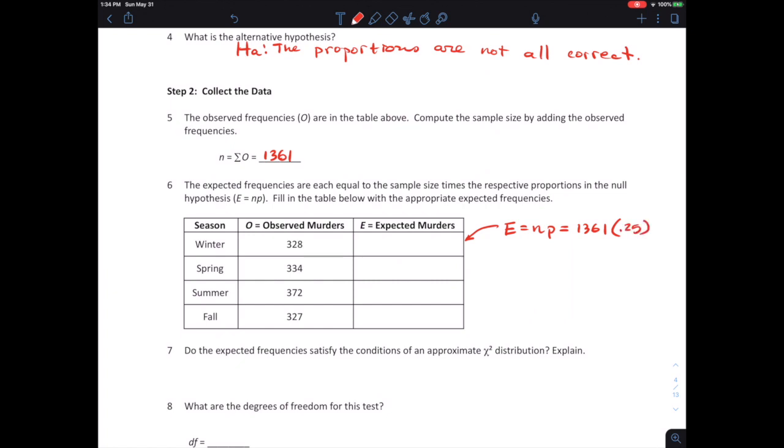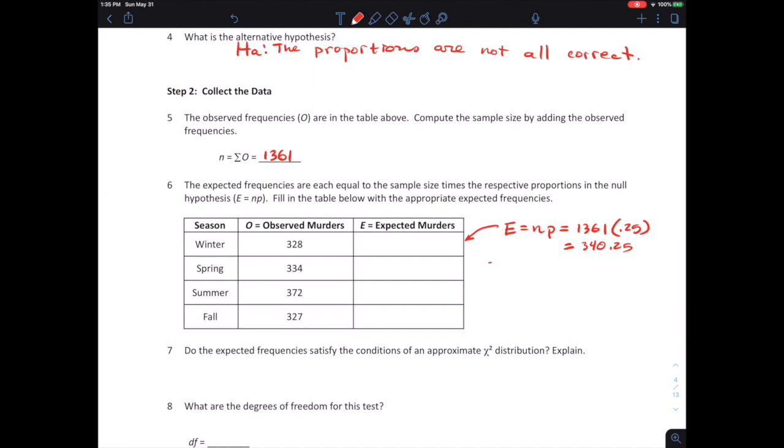Okay, take a second and do that. And I would encourage you to pause if you need time. You want to fill out this table. Alright, so these all come out to be 340.25.